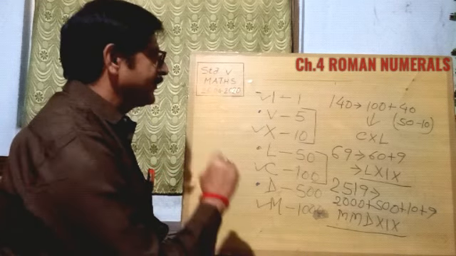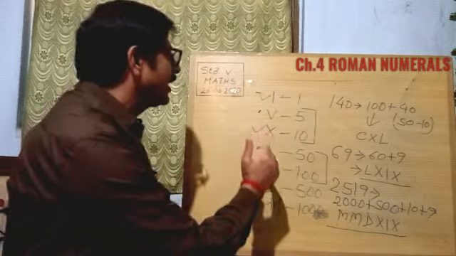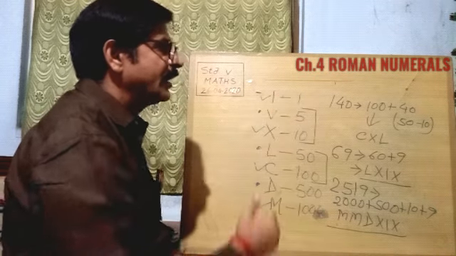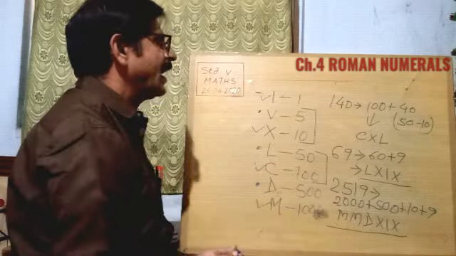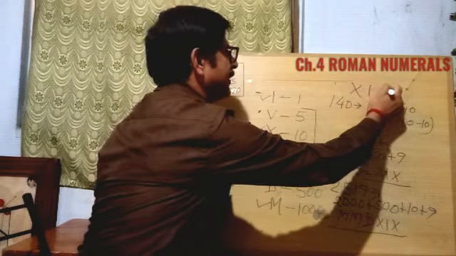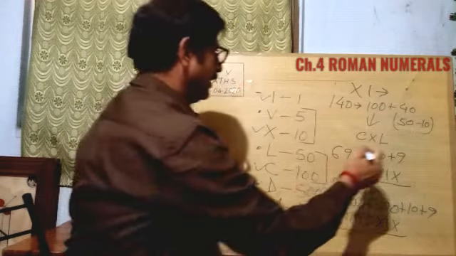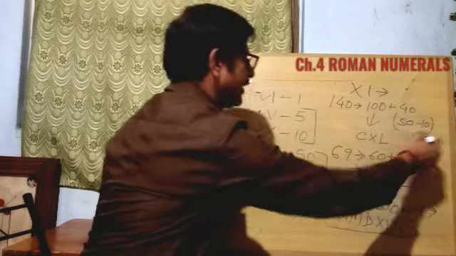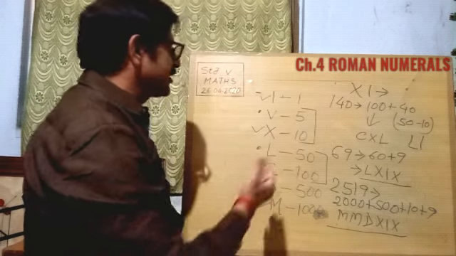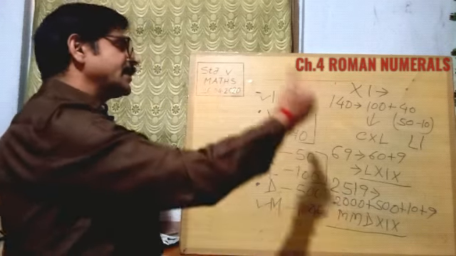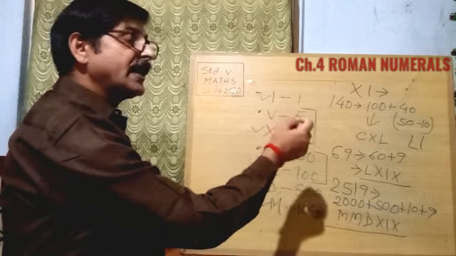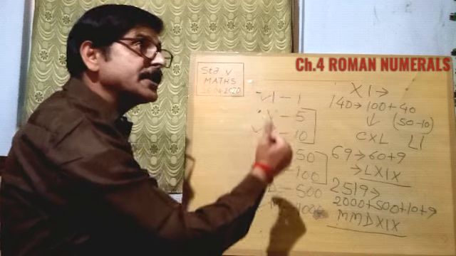Now, if a smaller symbol is written to the right side of a larger symbol, the value is added. XI, this is 10 plus 1, that is 11. LI, 50 plus 1, that is 51. And if the smaller symbol is written to the left side of the larger symbol, the value of the larger symbol is decreased.